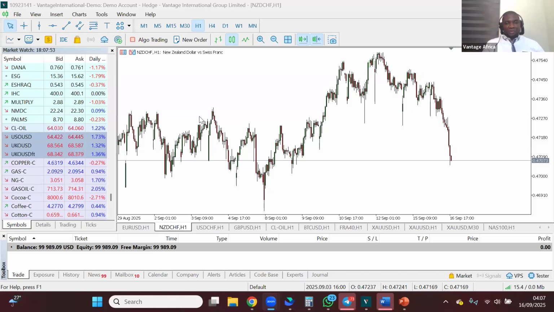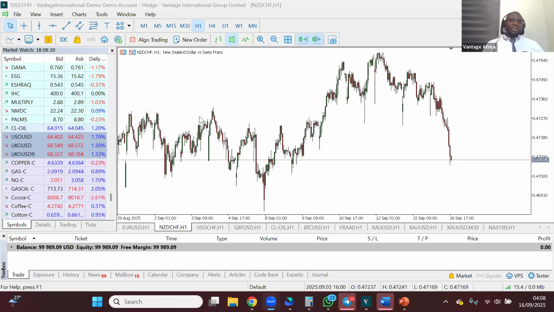This is the H1 time frame. This H1 time frame gives you a certain picture of the market. H4 will give you a certain picture of the market also. And then the higher you go, the clearer it gets. The lower you go, the more cloudy it might get. So we're on the H1 time frame right now.